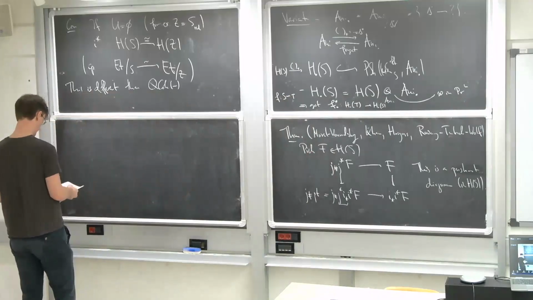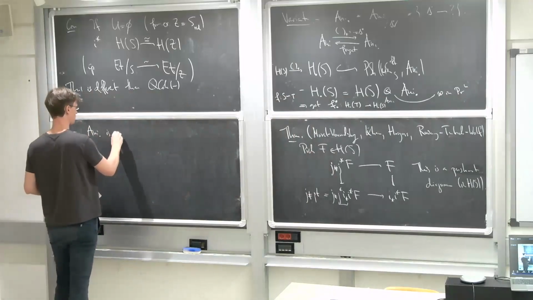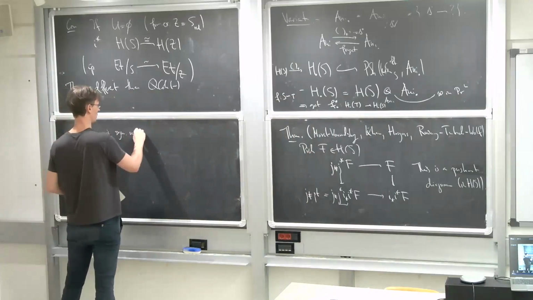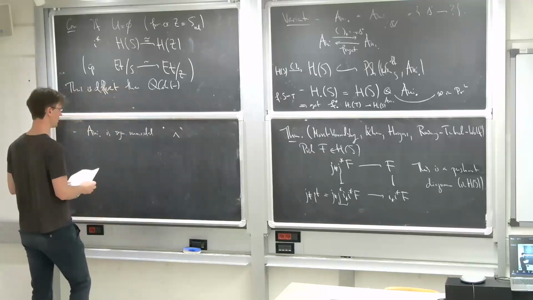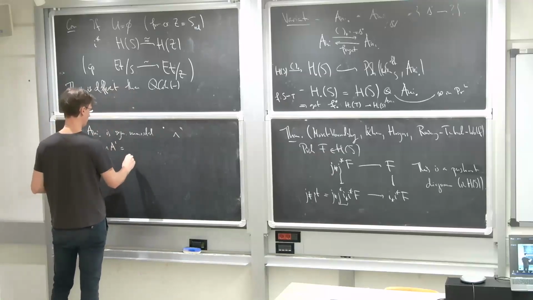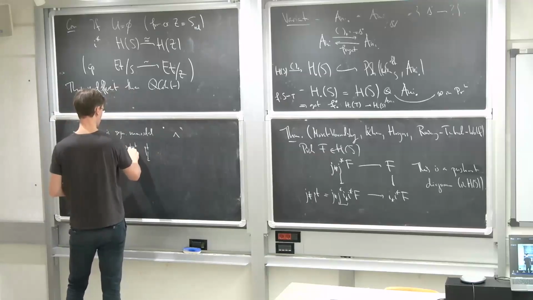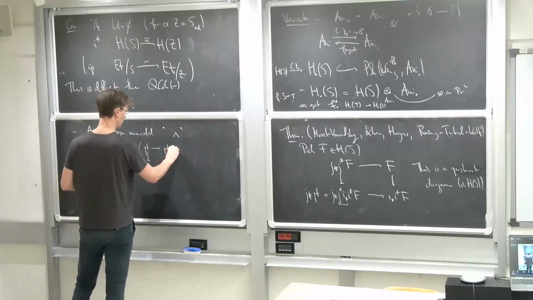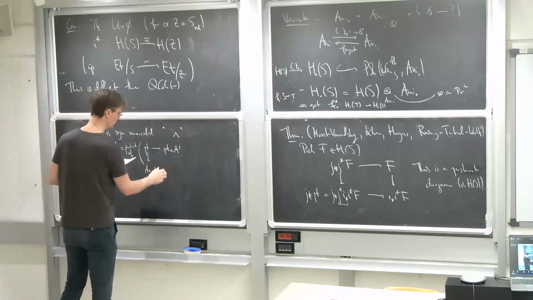Another fact is that anima pointed is again a symmetric monoidal category, and I'll write the symbol wedge for this. So what does that mean? If you have two such pointed anima, then A wedge A prime is basically the pushout. You take your point and push out for a diagram: point maps to point times A prime, and on the other hand you have A times point, and then the pushout of this is this wedge product.